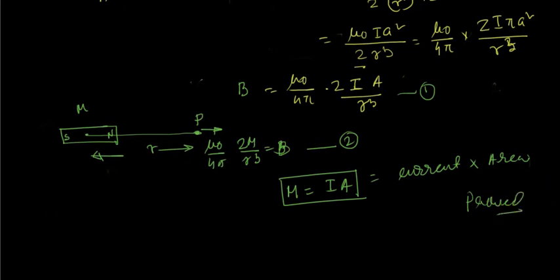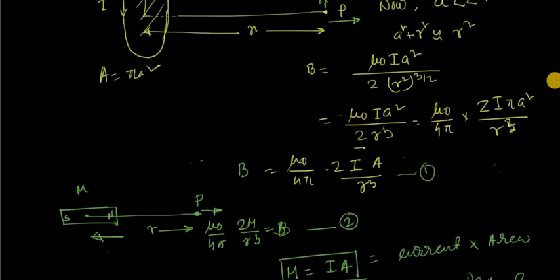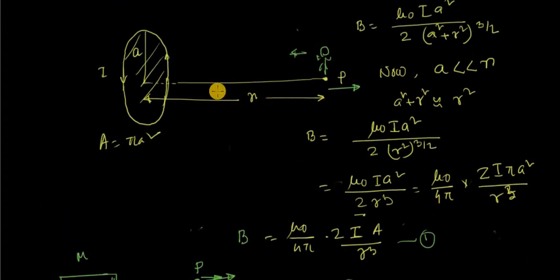But some more concepts have to be developed here. As we discussed for the bar magnet, this side is N and this side is S, that's why the magnetic field is outward. Similarly here, it is anti-clockwise current, so the magnetic field is outward. So anti-clockwise current is equivalent to a magnetic north pole.